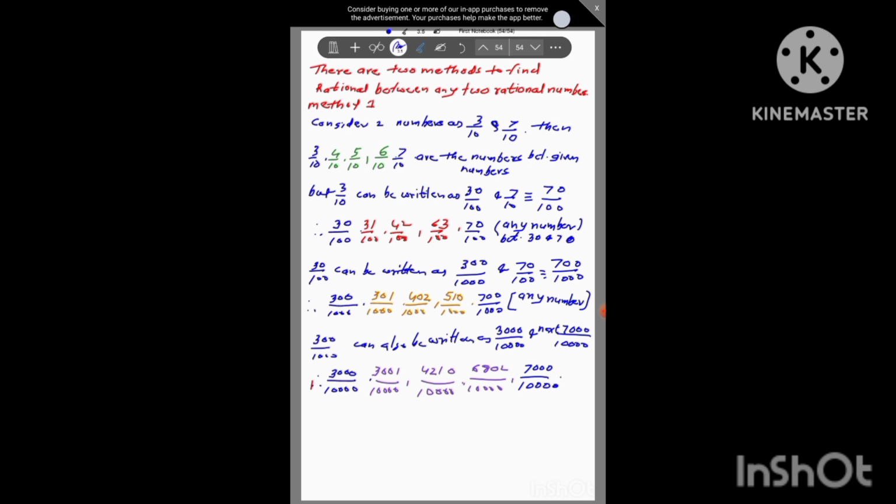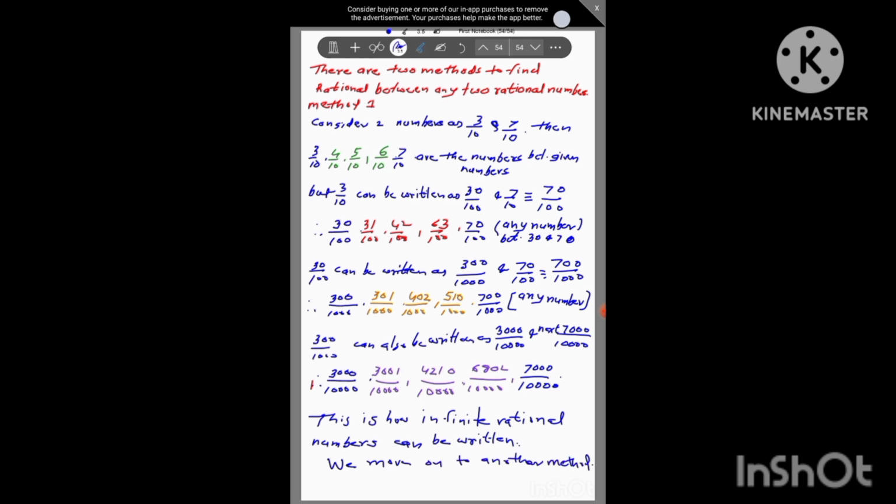So this is one method of getting rational numbers between two rational numbers. Infinite numbers can be found out. So we move on to another method.